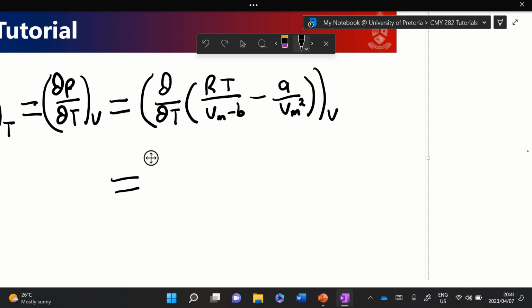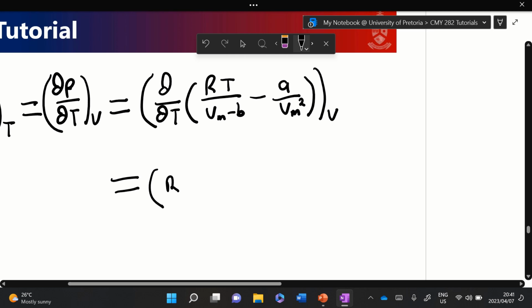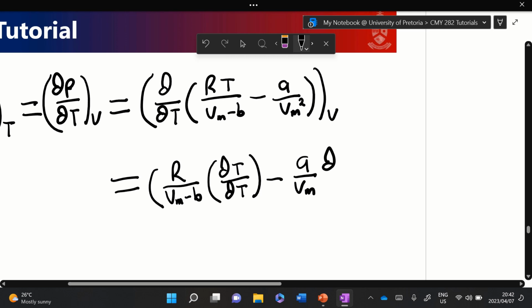We can rewrite it as two terms: R over Vm minus B times dT/dT, minus A over Vm times d/dT of a number 1, all at constant volume.